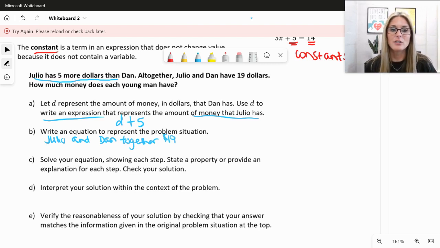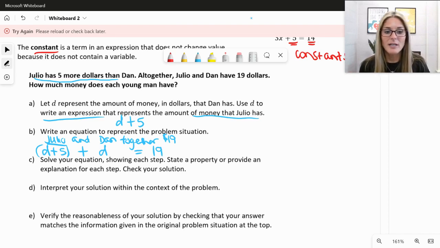We just wrote an expression for Julio, and that was D plus 5. I'm going to use parentheses just as grouping symbols. The word "and" in the statement, it talked about altogether they had $19, so we're going to add that with Dan's money, which was already represented by the variable D, and it is going to equal 19. D plus 5 plus D equals 19 is our equation.